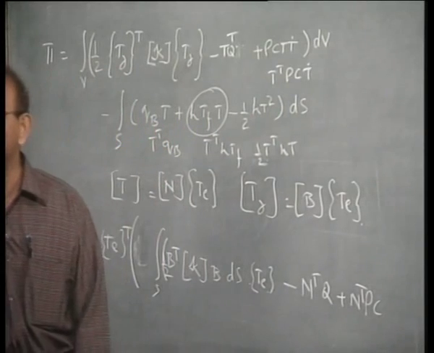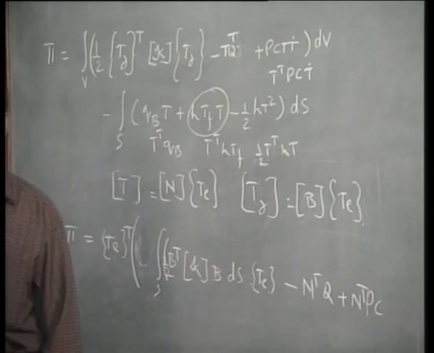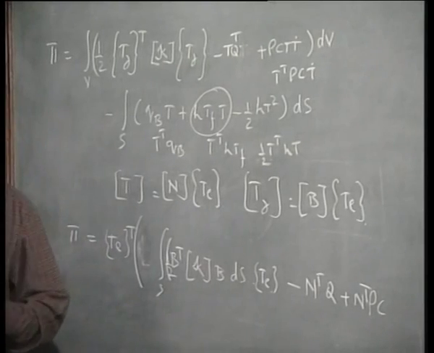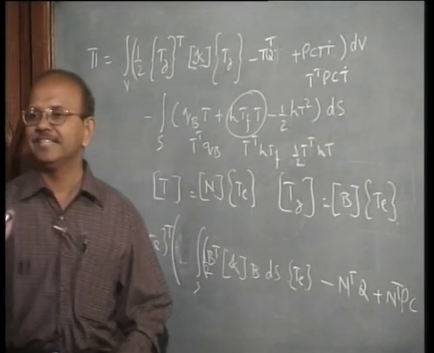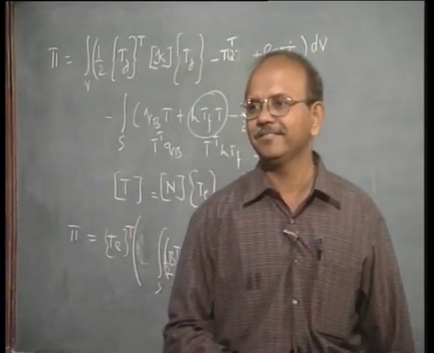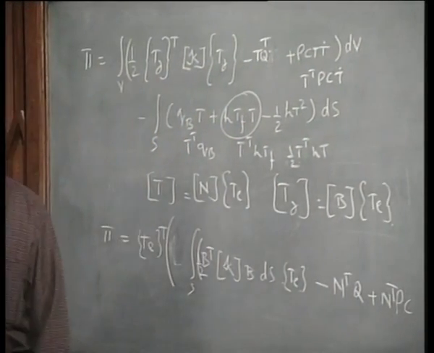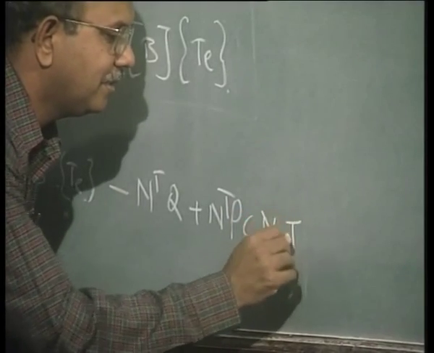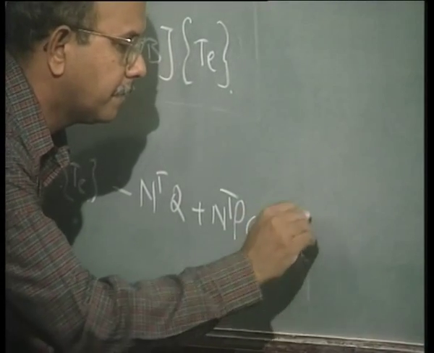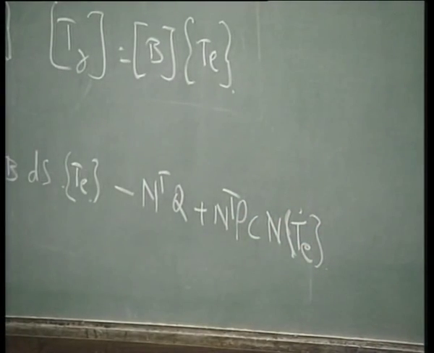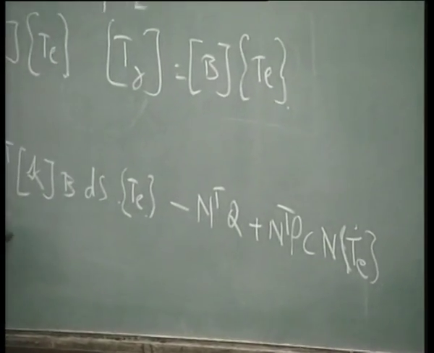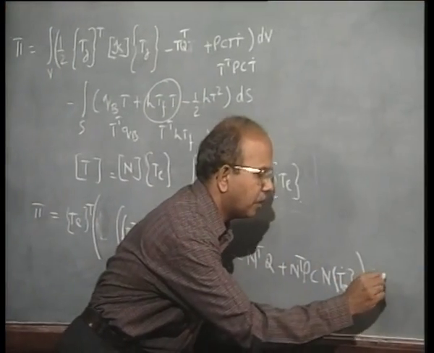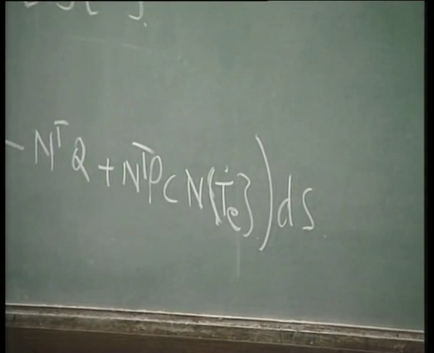Now in this N T E, what is going to change with respect to time? T E, not N. So T dot now becomes N T E dot, right? So rho C N T E dot. These are the terms inside the dV, or dS, because we said we will consider it as a surface.